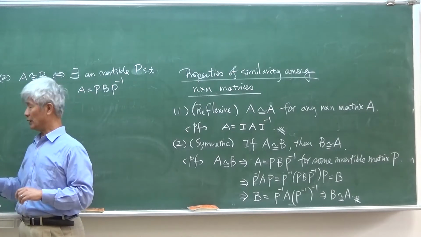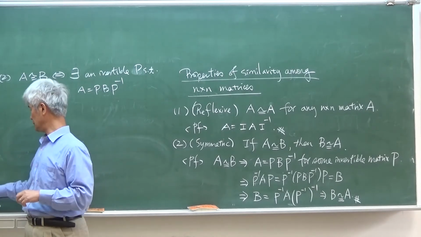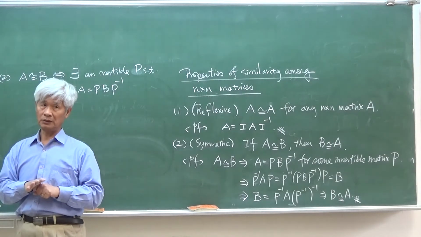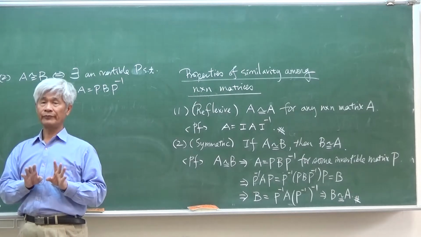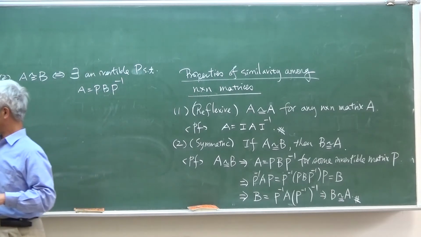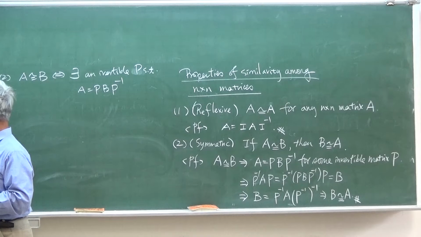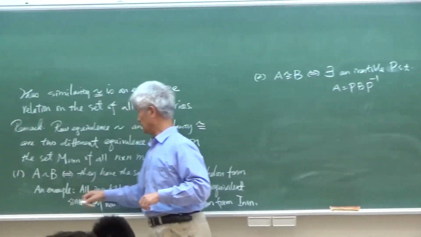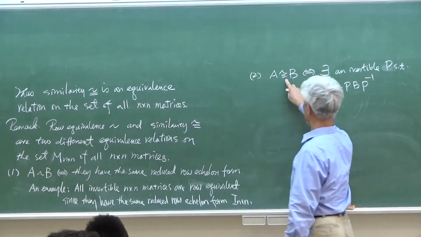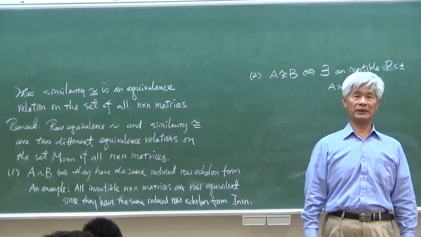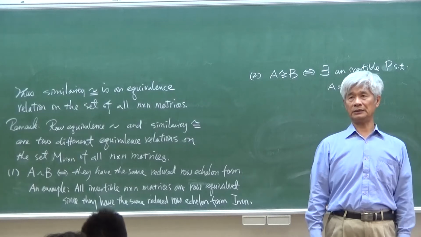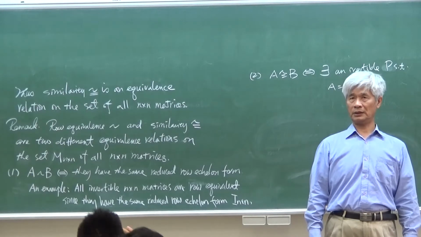Because for an n by n matrix, if the reduced row echelon form is the identity matrix, then the original matrix A should be invertible. From chapter 3, right? We know that already. So we know this concept a lot, but we are still not familiar with similarity up to now. But we will gradually understand the notion. Other questions?